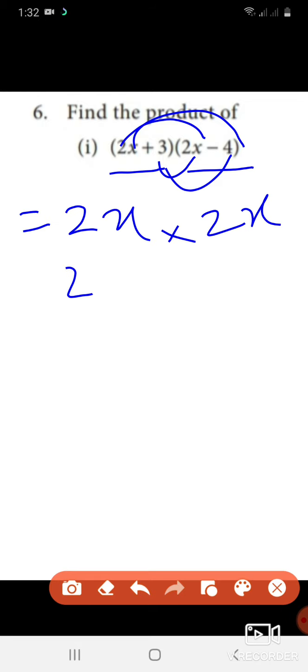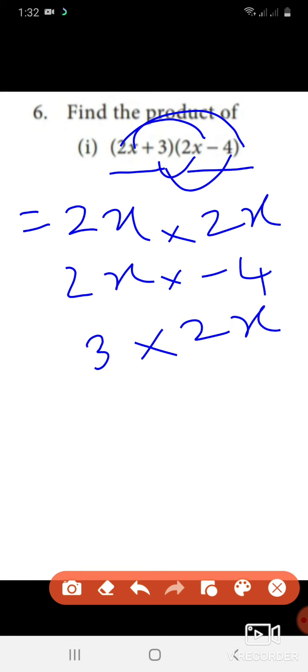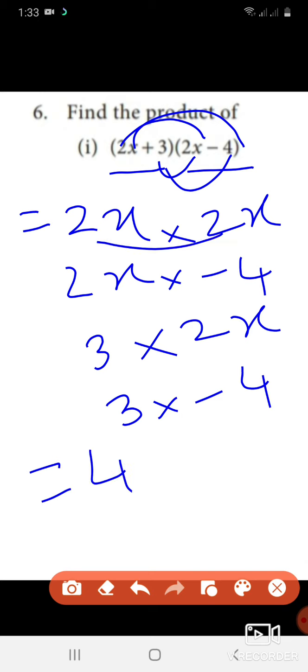First one 2x into 2x. Second term 2x into minus 4. Third term 3 into 2x. Fourth term 3 into minus 4. That's all. So that is equal to, just check the sign, both positive, so plus 4, 2 2s are 4, x into x, x square, power is 1, so you can add 1 plus 1, 2.